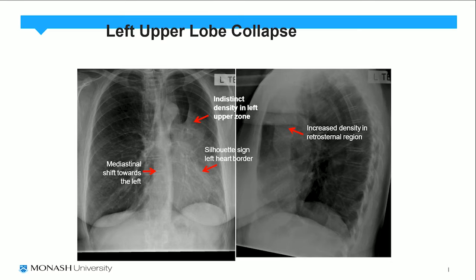Characteristically, this will remain visible. So with left upper lobe collapse in this chest X-ray, we can see there's an indistinct density in the left upper zone. We have the silhouette sign where we've lost the left heart border, and there's some mediastinal shift towards the left. On the lateral view, there's increased density in the retrosternal region.